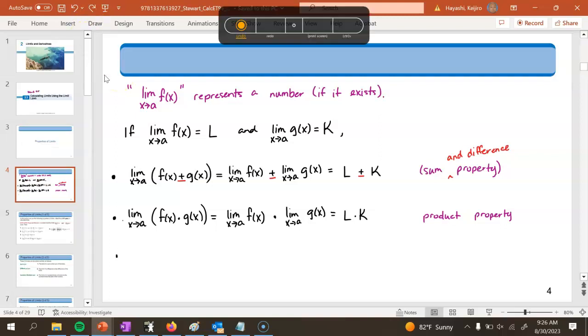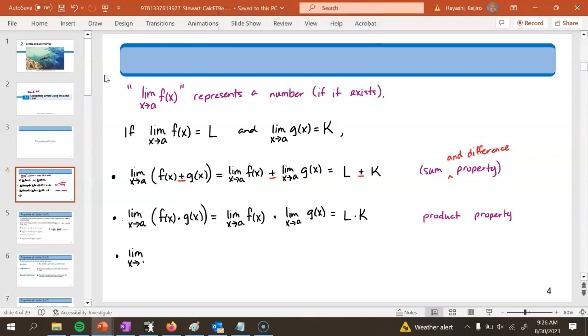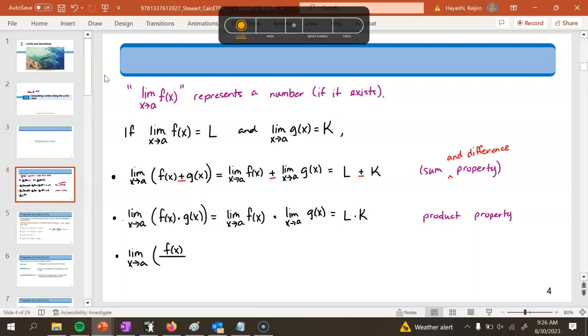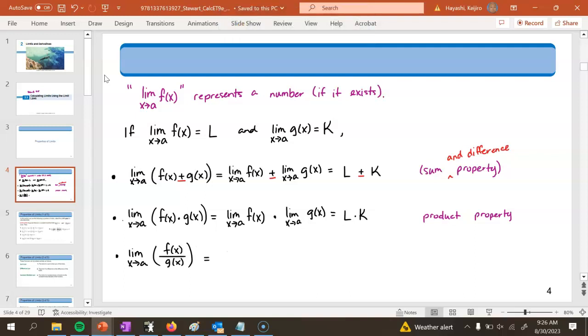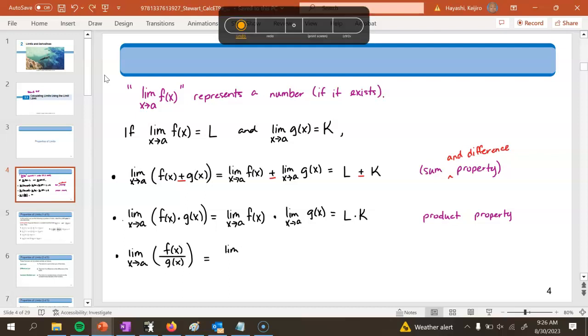All right, the next one is the quotient property, and that's just going to happen if you have a limit of one function dividing another. All right, so the limit of the quotient is going to be the quotient of the limits.